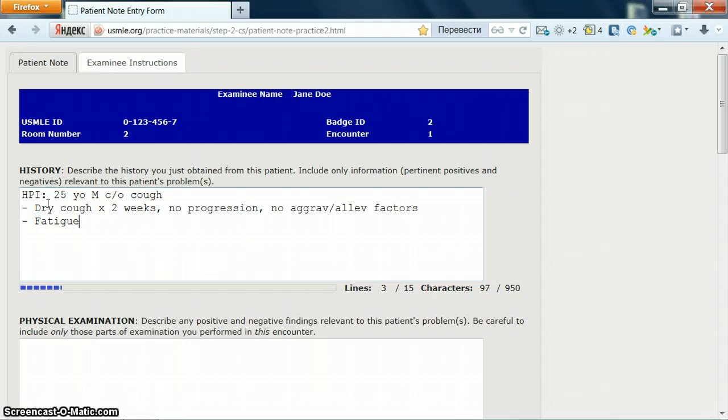Also, the patient complains of fatigue, let's say diffuse muscle aching. And we have information about some upper respiratory symptoms 3 weeks ago in this patient.